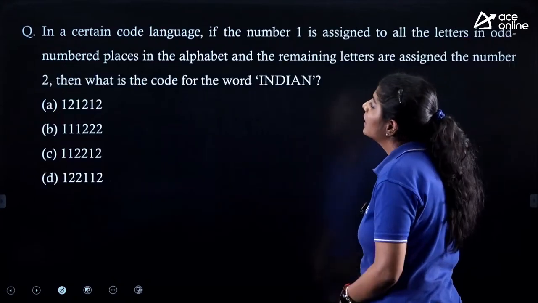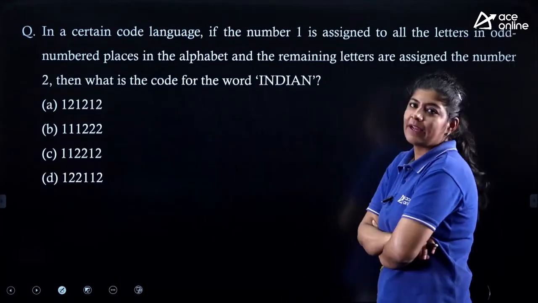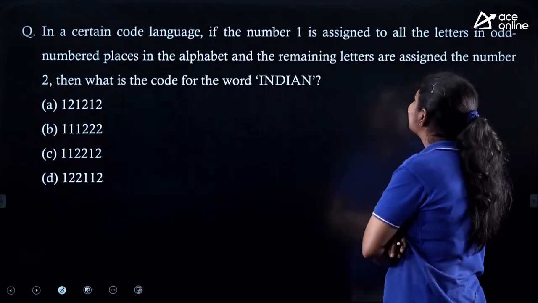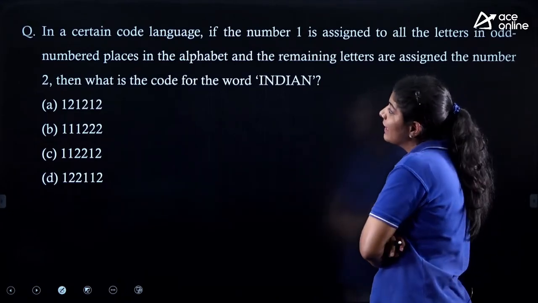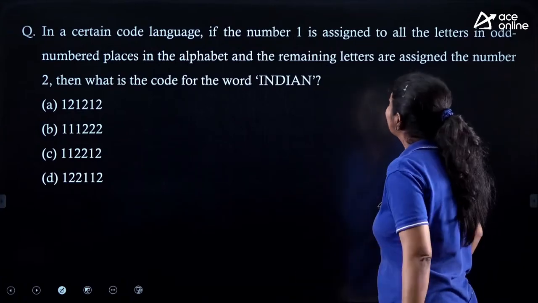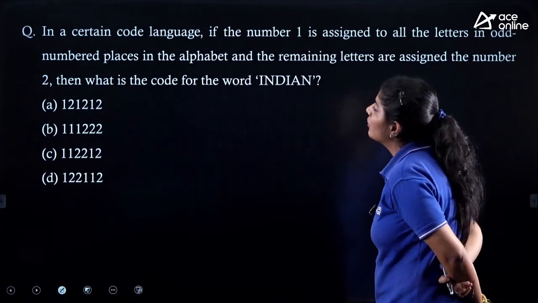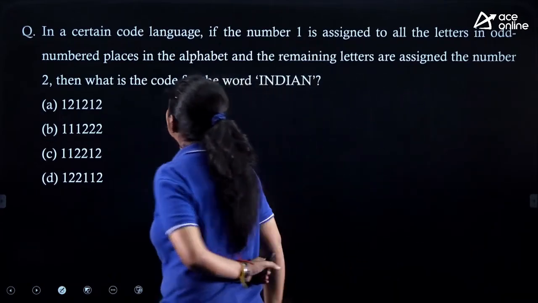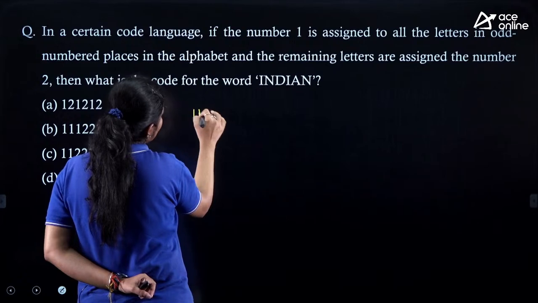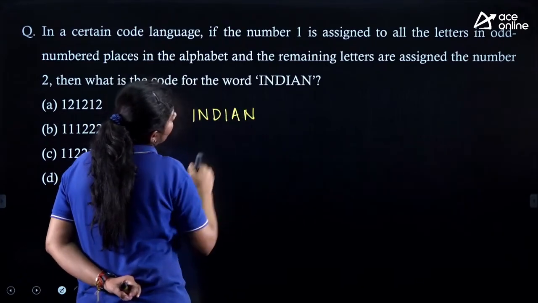Next one. The next question says that in a certain code language, if the number 1 is assigned to all the letters in the odd numbered places in the alphabet and the remaining letters are assigned number 2, then what is the code for the word Indian? Okay. So the spelling that we are having is Indian, right.